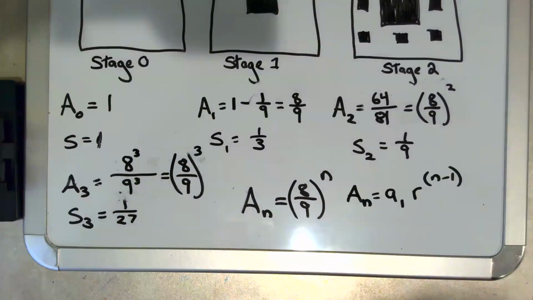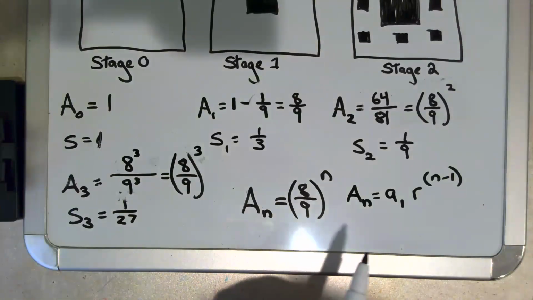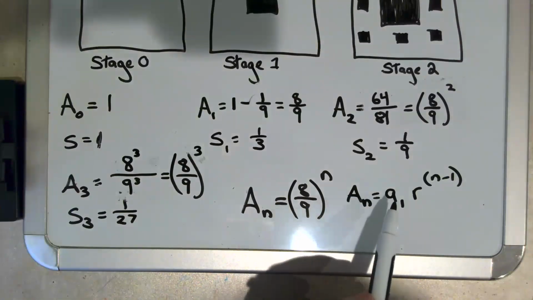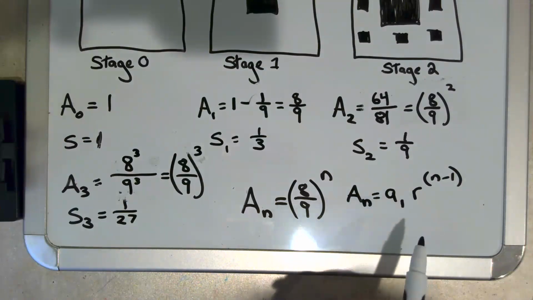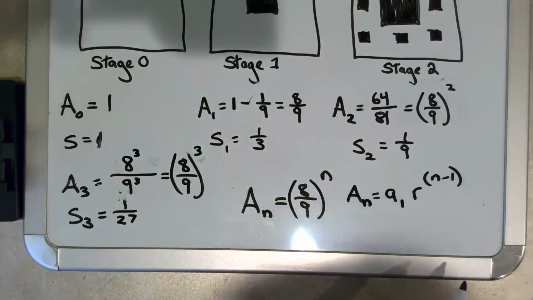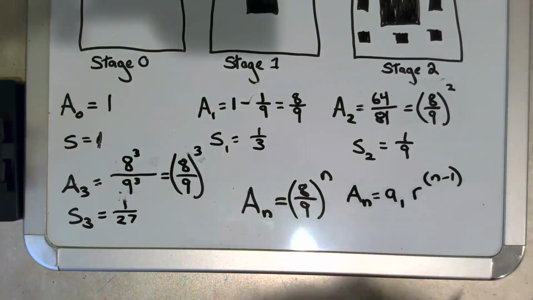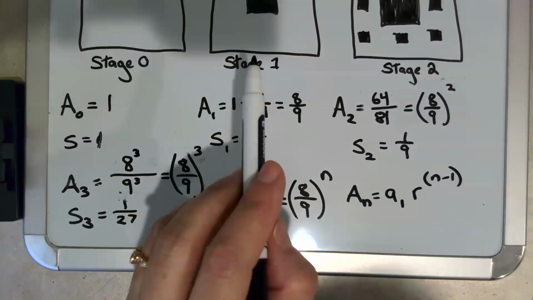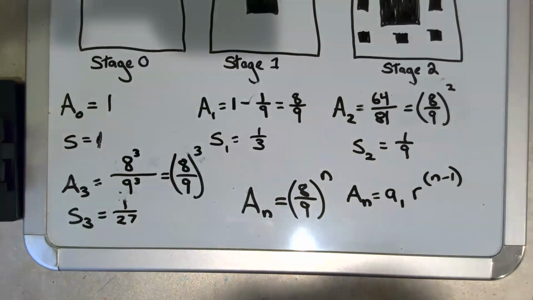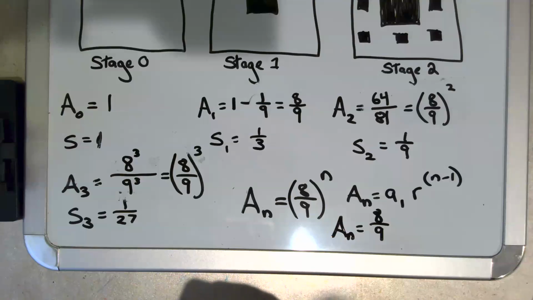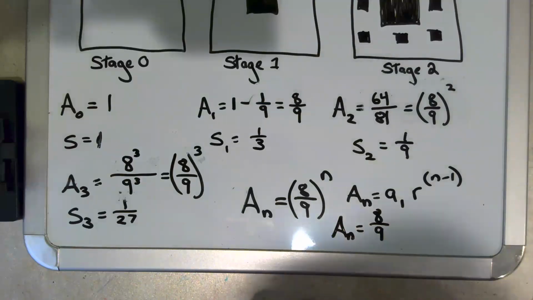So that says that the area at term n is the area at the first term times r, which is the common ratio, what you're multiplying each term by to get to the next, to the term minus 1. Well, let's put in our numbers. At stage 1, our area was 8/9. Our common ratio, what we're multiplying each by to get to the next term, is also 8/9.